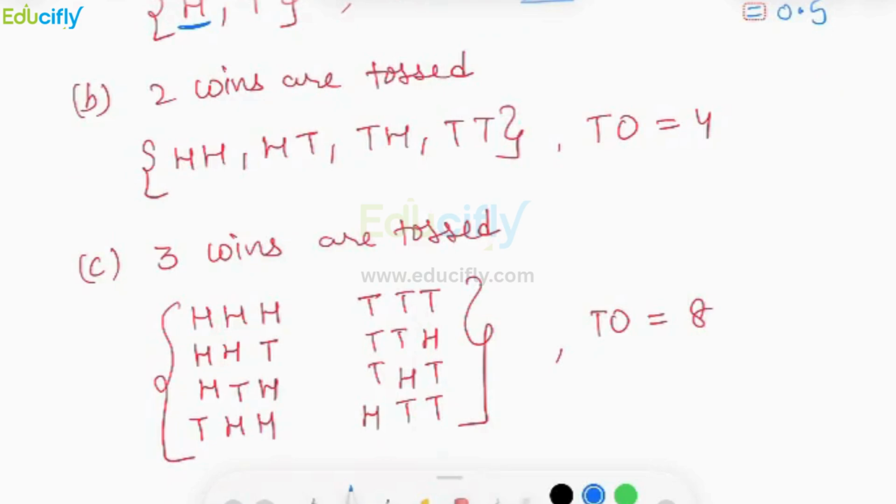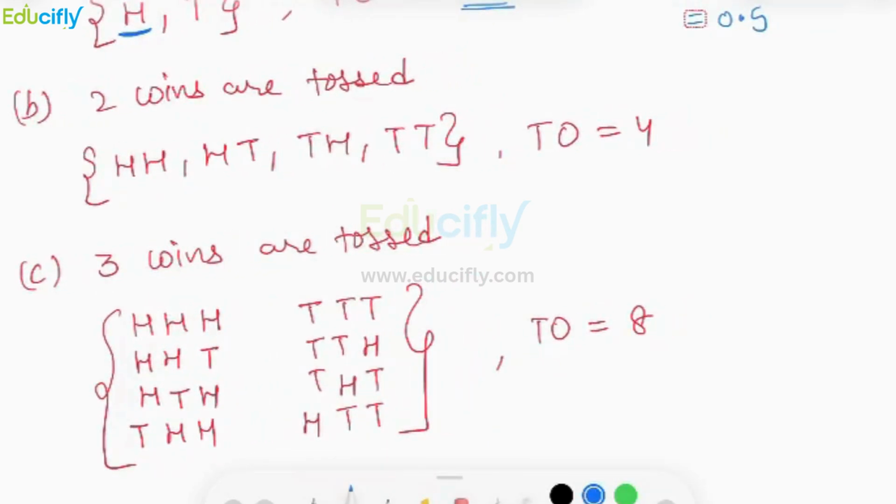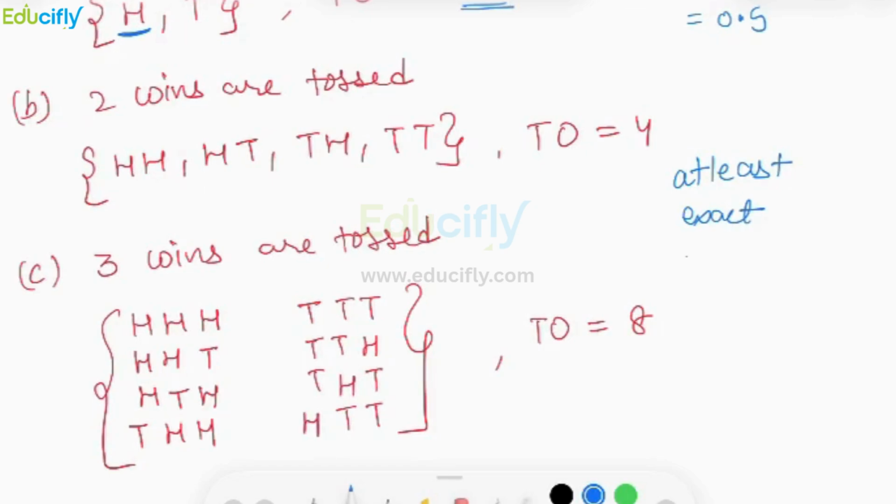Next one, if a coin is tossed 2 times. So I'm writing a few words here. Let's see if you guys understand it or not. So one word is called at least, one word is called exact, and the next word is called at most. So these are the 3 main words which we can consider here, right?